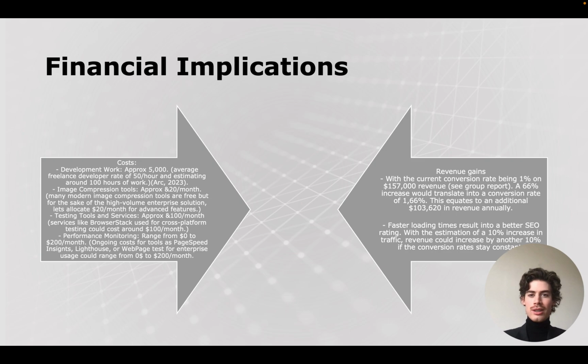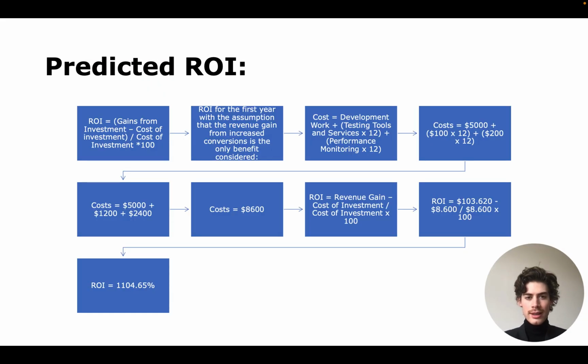Let's conservatively estimate a 10% increase in traffic, which would increase revenue by another 10% if conversion rates remain the same. To calculate the predicted return on investment, we first need to calculate the total revenue gains, which is 103.62 thousand, and we have to subtract it from the cost of investment, which is the total cost of $8,600.